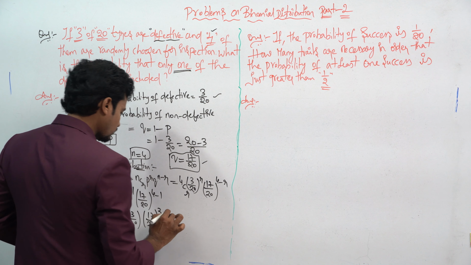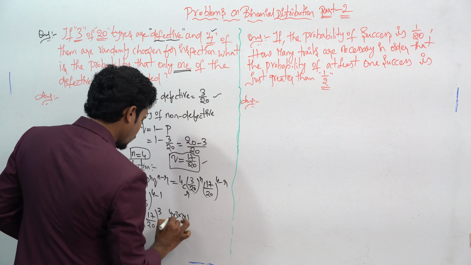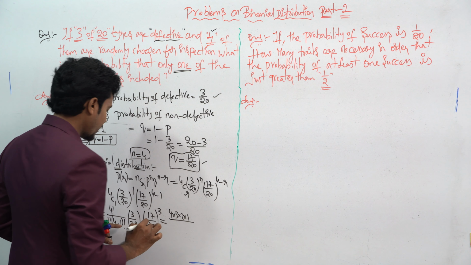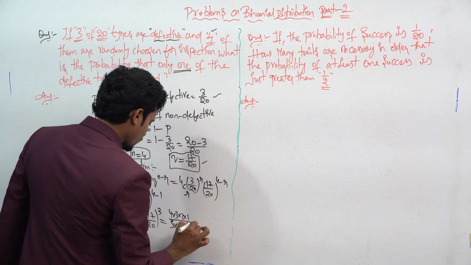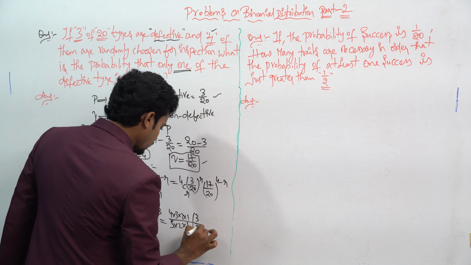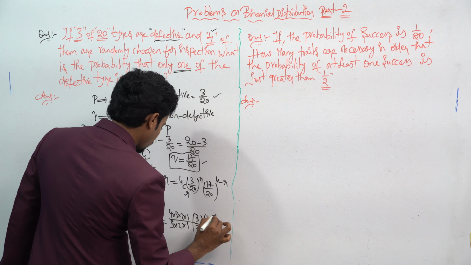This becomes 4 into 3 into 2 into 1 divided by 3 into 2 into 1, times 3 divided by 20 into 17 divided by 20 whole cube.